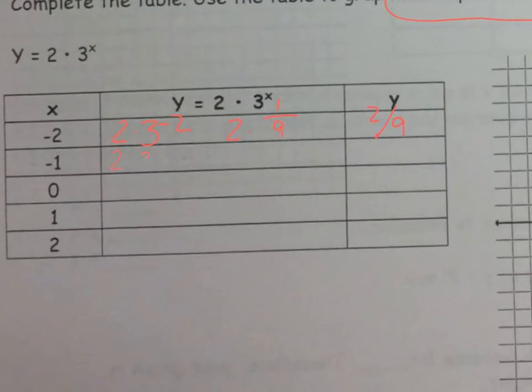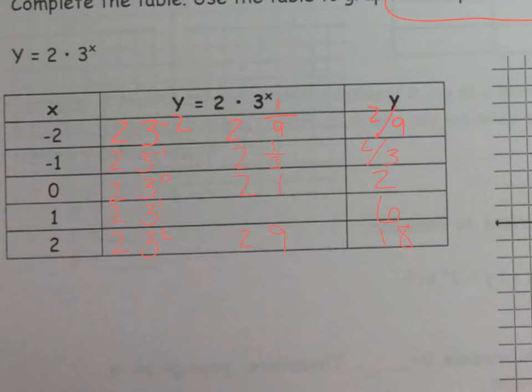2 times 3 to the negative 1. That's like 2 times 1 over 3, so that's 2 over 3. 2 times 3 to the 0 is 2 times 1, which is 2. 2 times 3 to the first, 3 to the first is 3, so that's 6. And 2 times 3 squared, that's 2 times 9, that's 18.